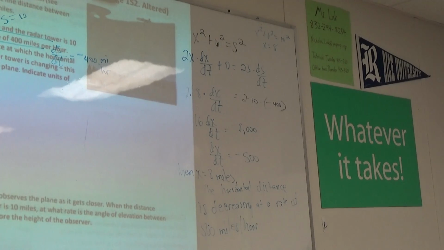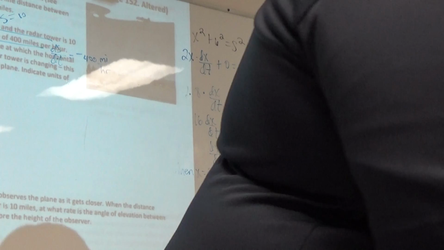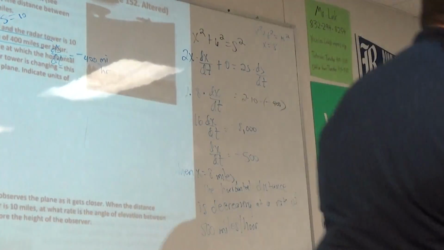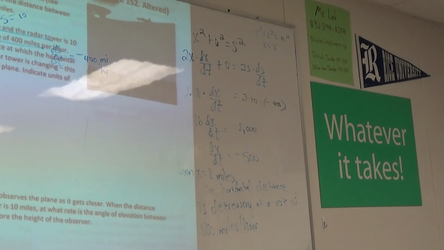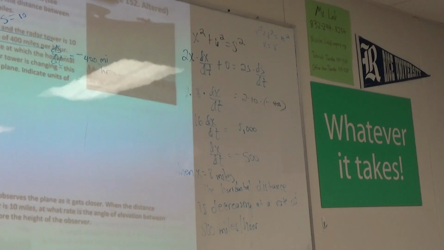So let's keep going. We're working on part B. Part B is the one that requires 2 brains. You know what the hypotenuse is. It's asking us for the distance.